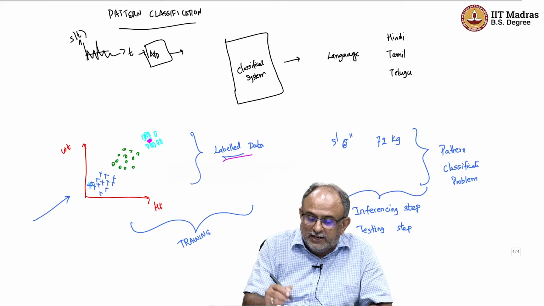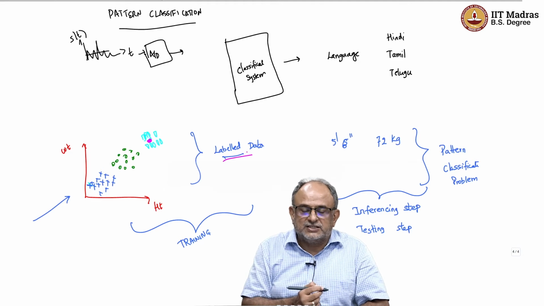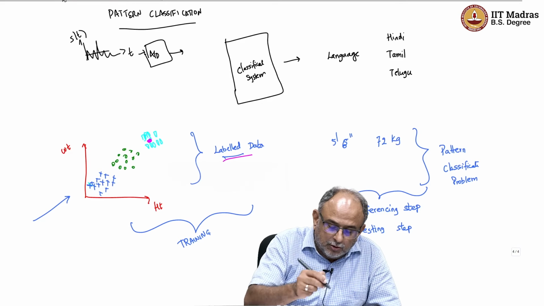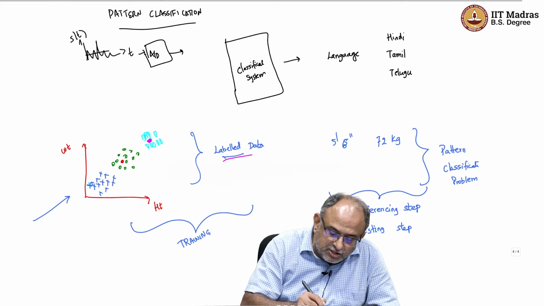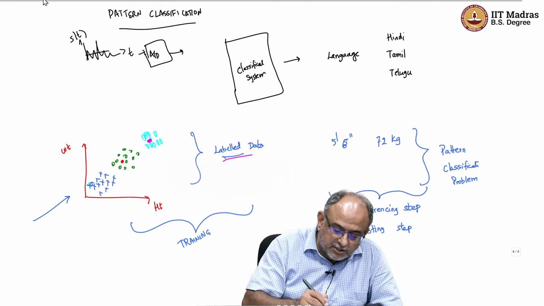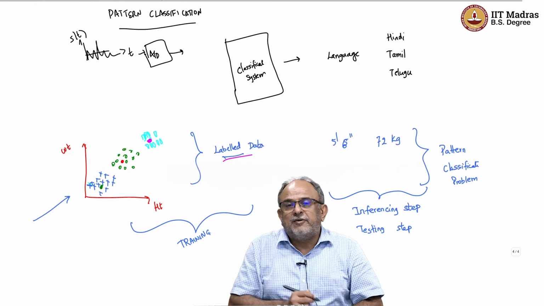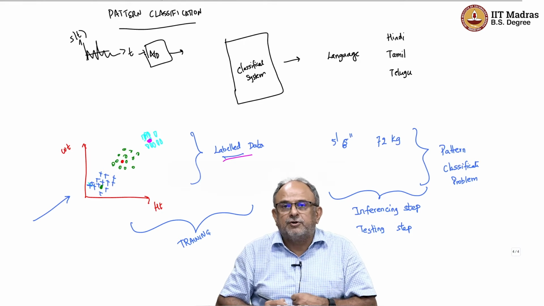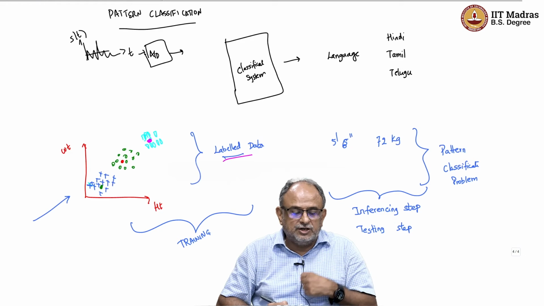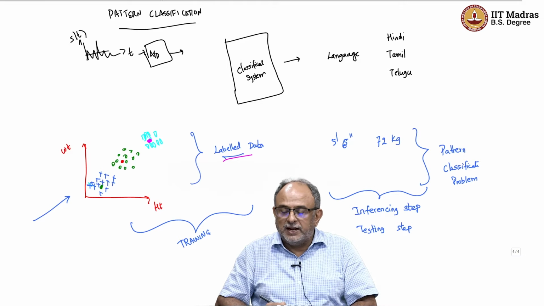Because I have the labeled data, I take all the male measurements and just take the average of the vectors. Similarly, I can identify the average female measurement, and similarly the average children measurement. So now I have a representative vector for the child, for the woman and for the man.